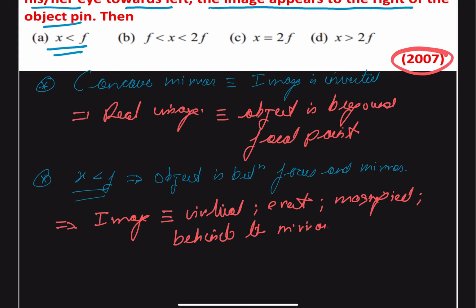Whereas we are given that the image is real and inverted. So this option is incorrect.